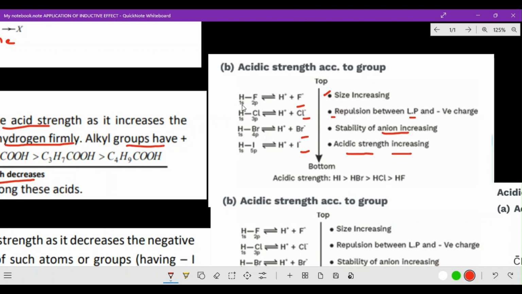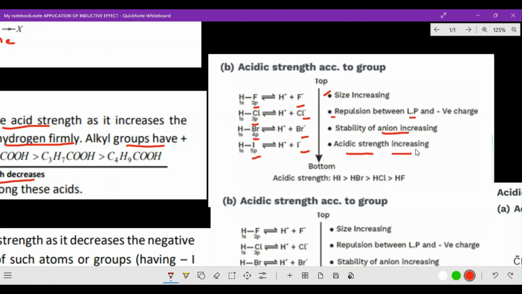Now check it here. Fluorine is 2p according to electronic configuration, chlorine is 3p, bromine is 4p, and iodine is 5p. That's how the size is increasing, as I mentioned in the first point. As the size increases, repulsion between lone pair and negative charge also increases, so stability of anion increases, and acidic strength increases.